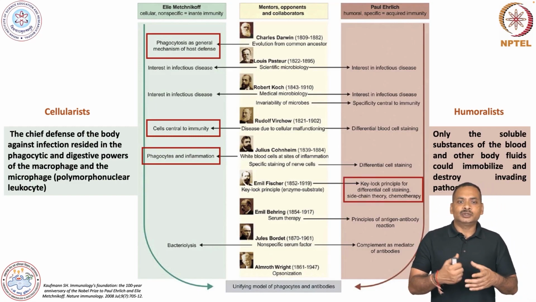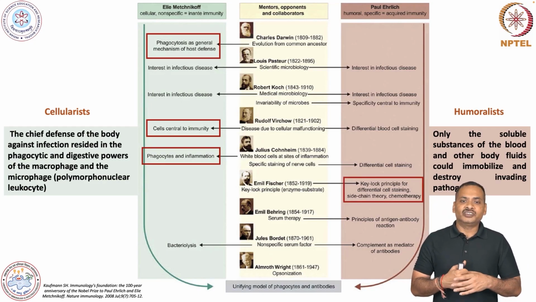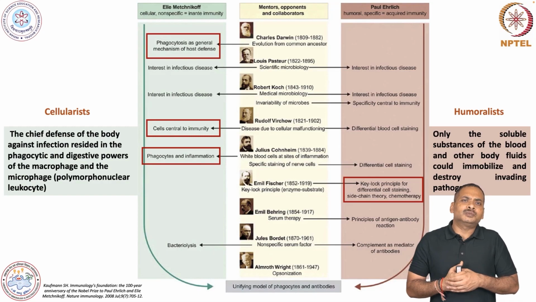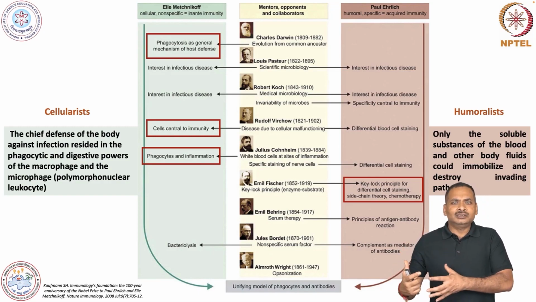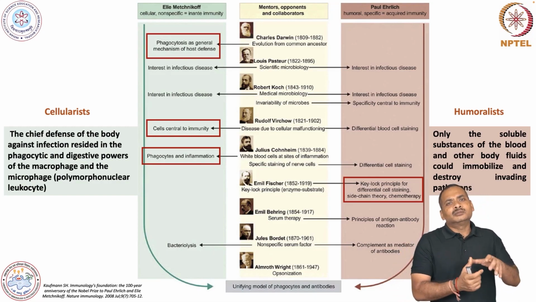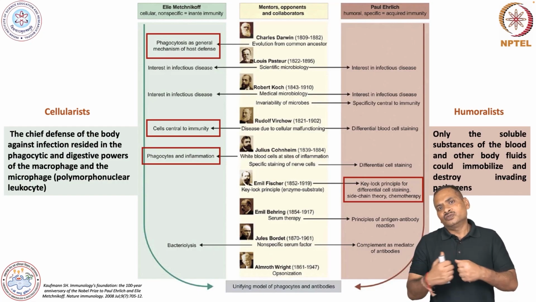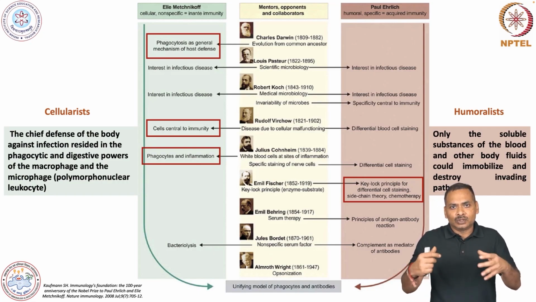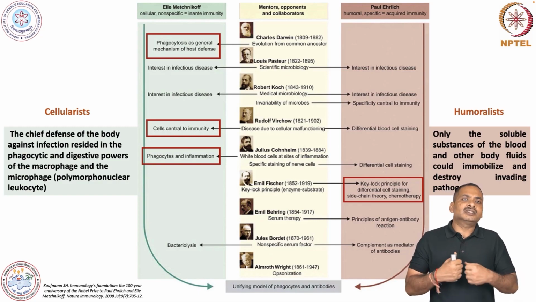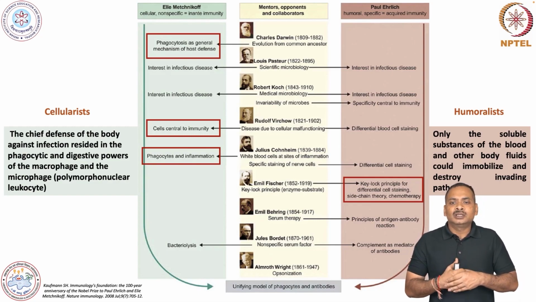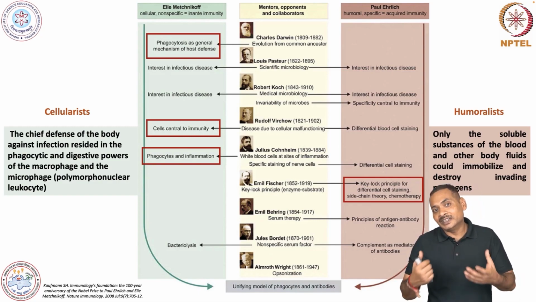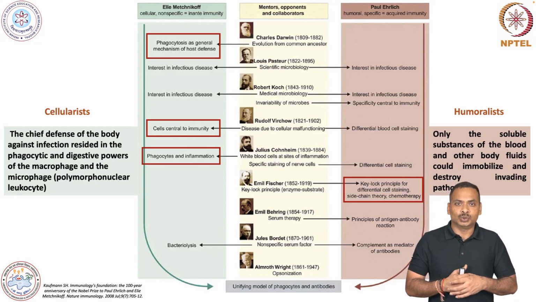One is Emil Fischer, who gave this concept: there is a pathogen and there is some unique molecule which fits with this pathogen like a lock and key. There is a unique molecule, okay, and this unique combination eradicates the pathogen from the host.